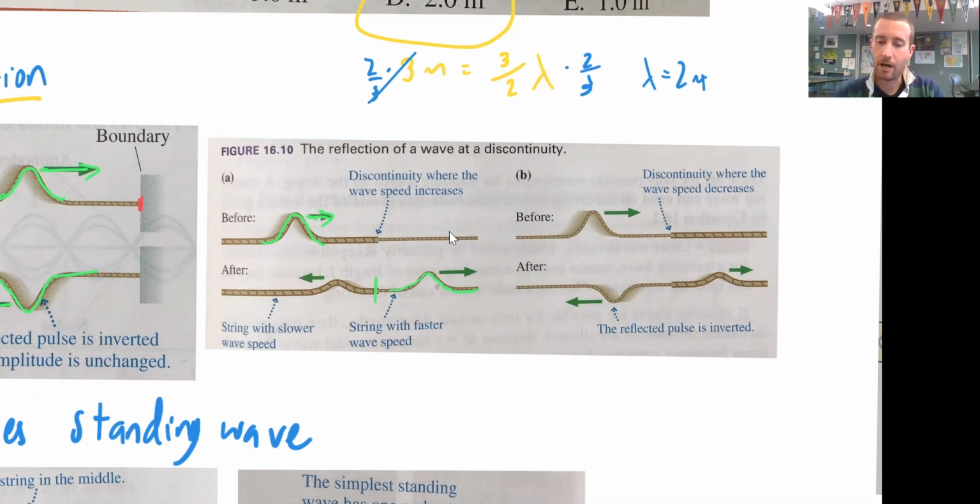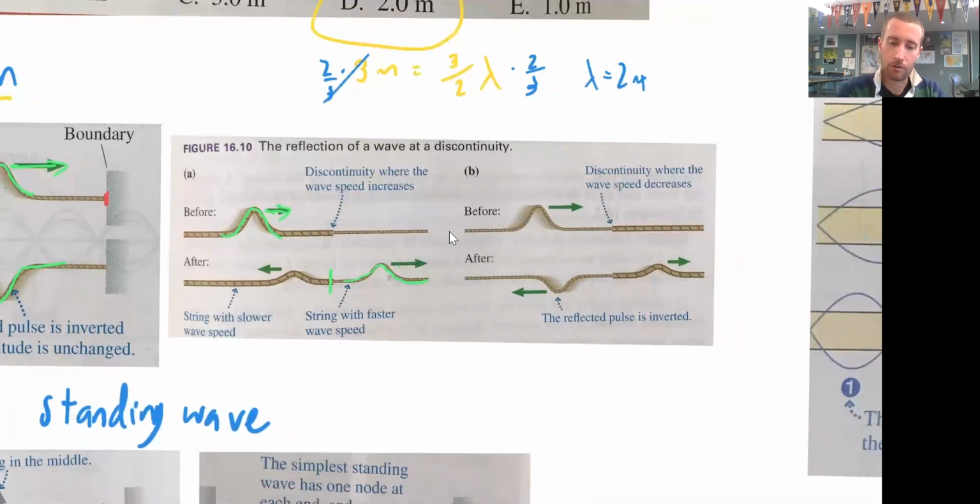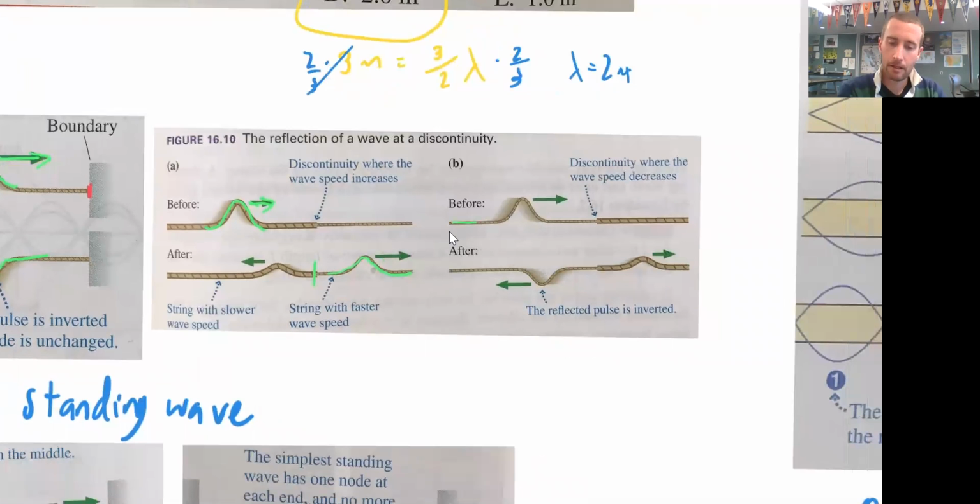Now, when I have it on a thin rope coming in with a positive amplitude, part of it continues on, but not as large. And the reflected pulse will come back inverted. It's a reflection, so it'll bounce back with an inverted, negative amplitude.